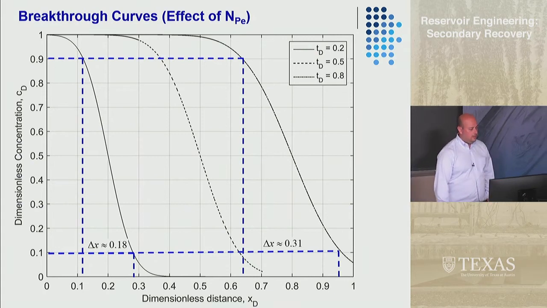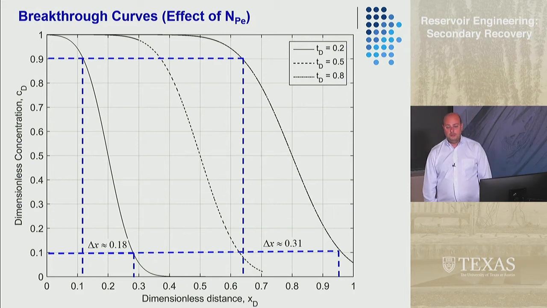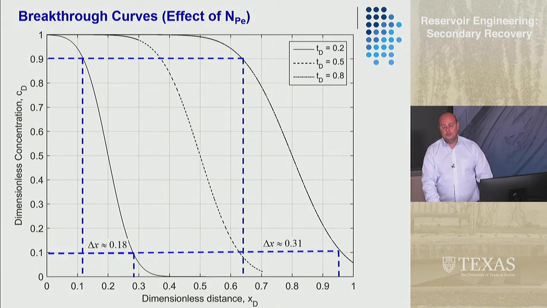And the reason is because that would require a lot of tracer, because we're talking about a big reservoir, and your injection rates are going to be maybe thousands of barrels per day. So if you want to do that for many, many days or months, then you're talking a whole lot of barrels of tracer. And these tracers are not particularly cheap, at least the good ones.